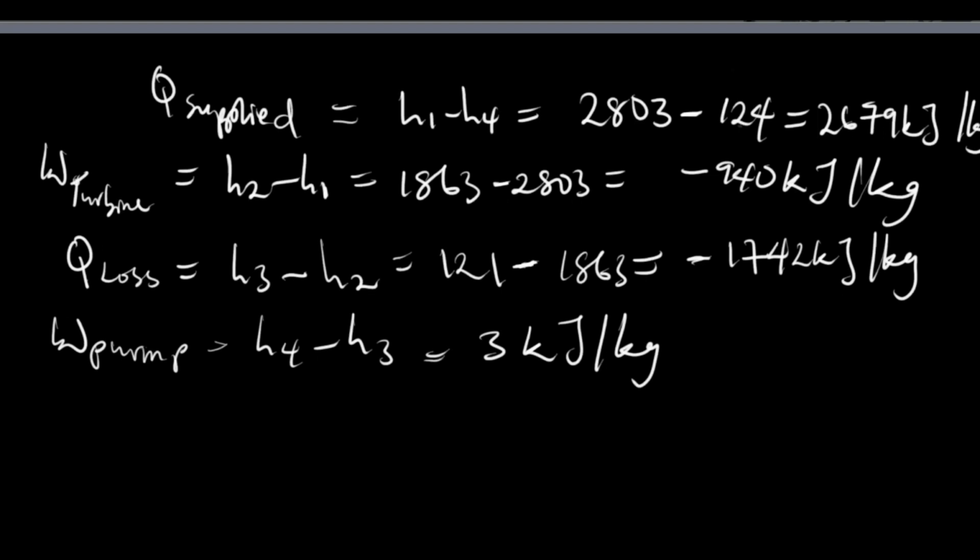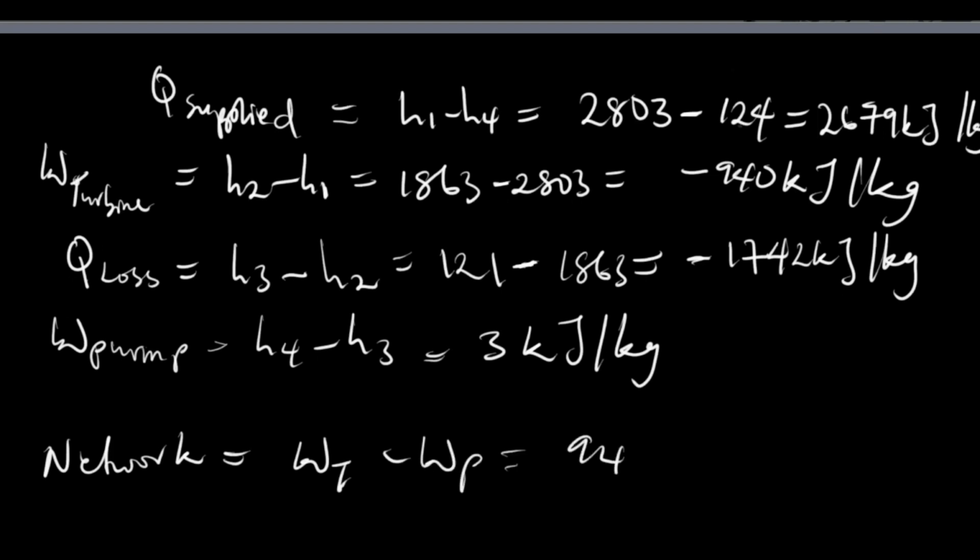You can subtract heat loss from heat supply. It should be equal to the difference of turbine work and pump work. So net work is W turbine minus W pump, which is 940 minus 3, that is 937 kilojoules per kilogram.